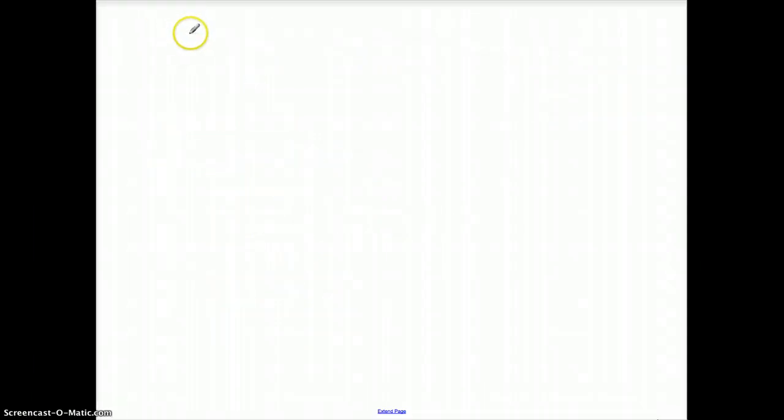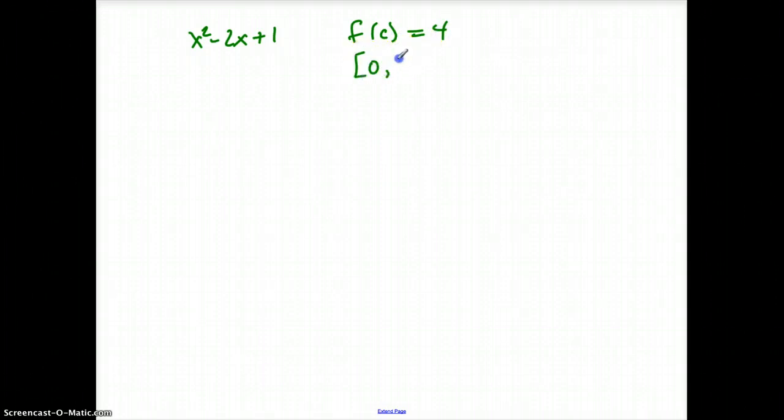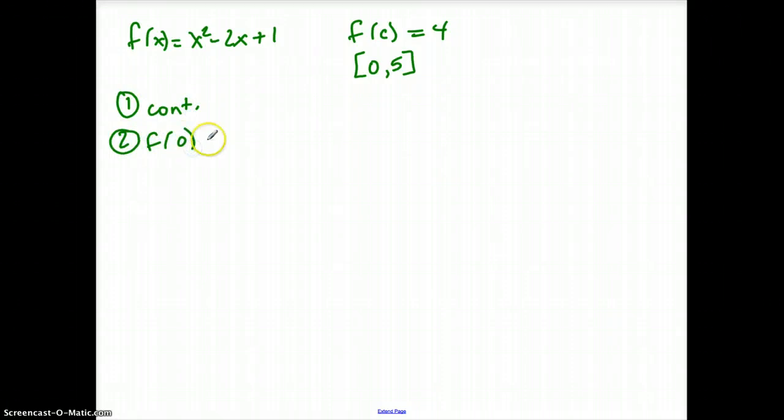So let's say we've got x squared minus 2x plus 1, and we want to find a value that equals 4 in the interval from 0 to 5. So this is our function. It's continuous, so that's condition number 1. Condition number 2, what's f of a? So what's f of 0?